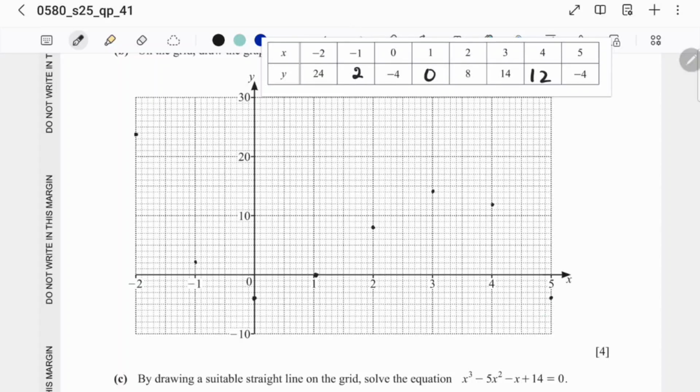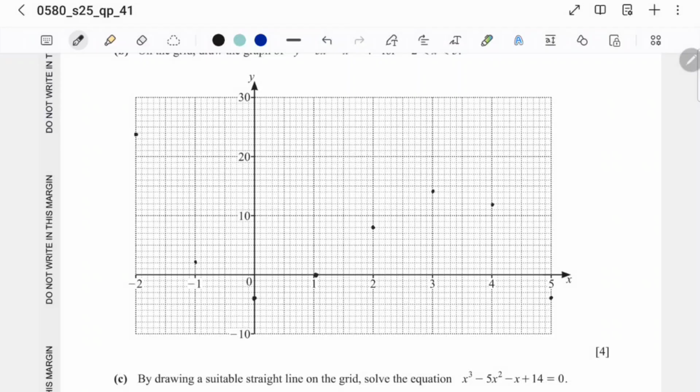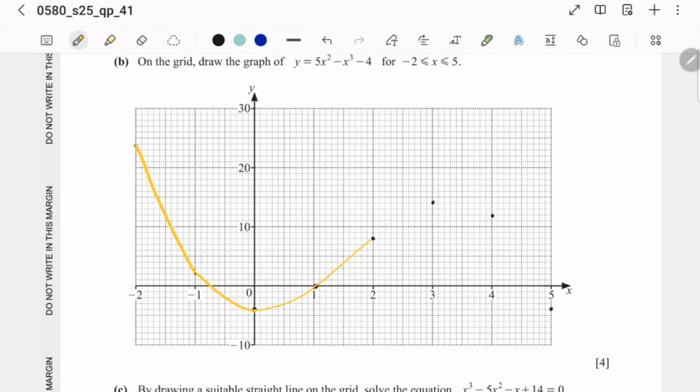Quickly join with the smooth curve. Minus x cube it is, so the graph will start from the left side. Join all the points.